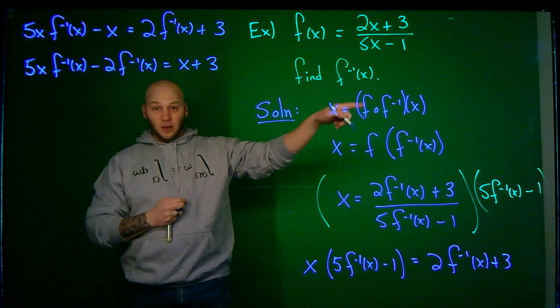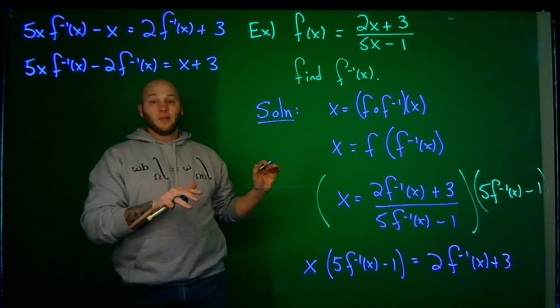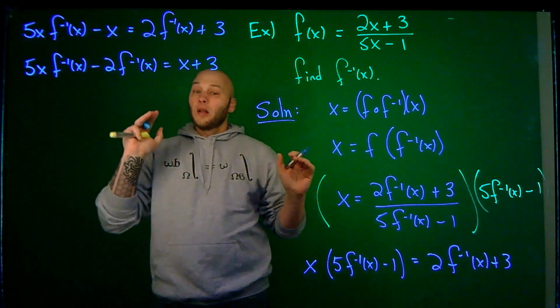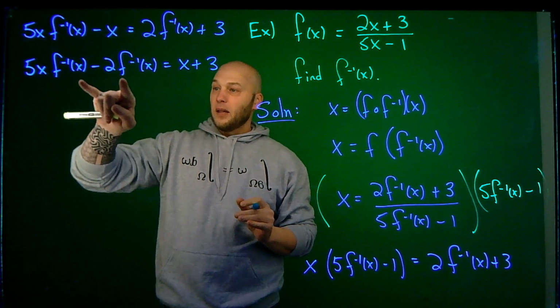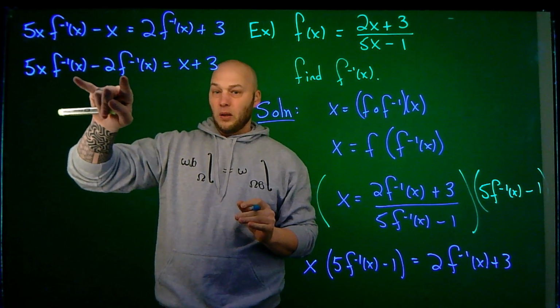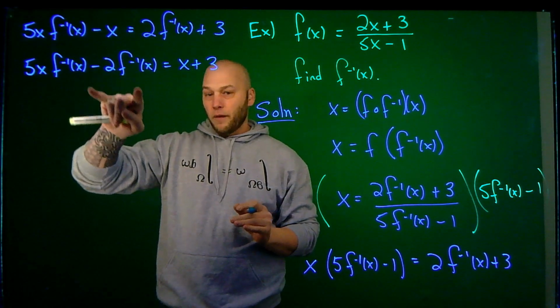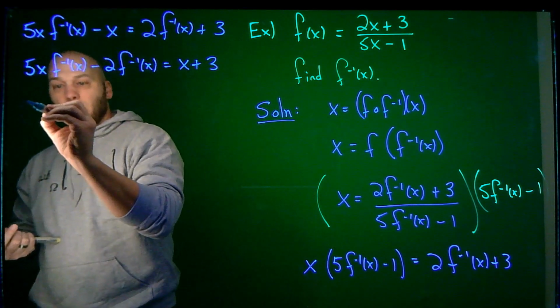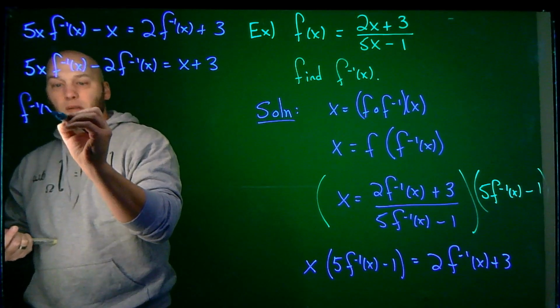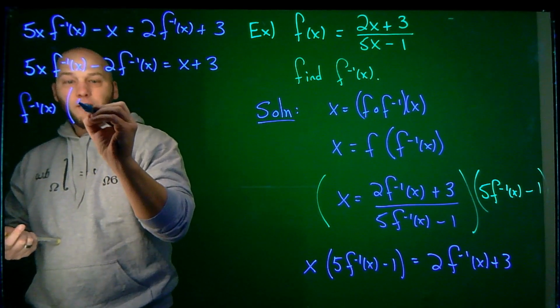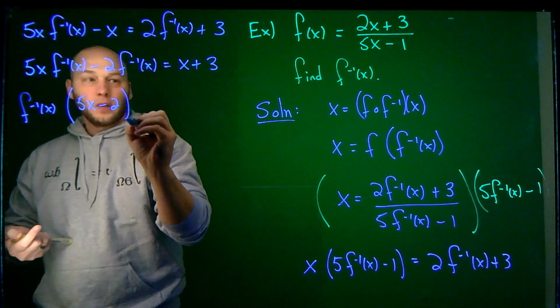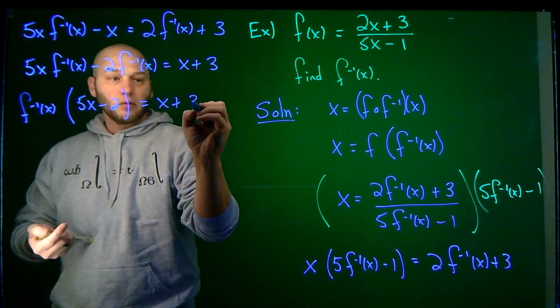Everything that's on the right-hand side has no f inverse terms, okay? Next thing that I can do is take the label for the inverse function and factor it out. So let's go ahead and do that. I get f inverse multiplied by 5x minus 2 is equal to x plus 3.